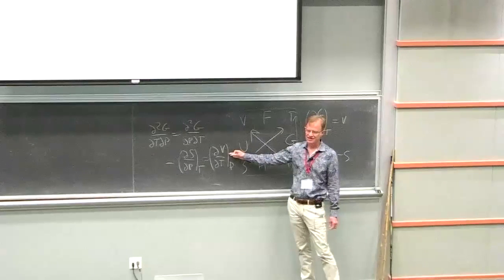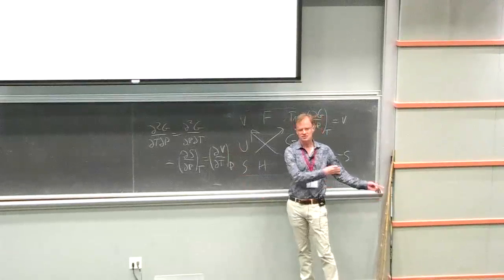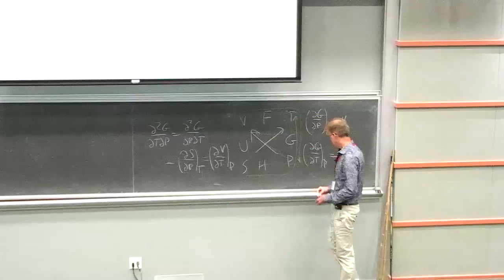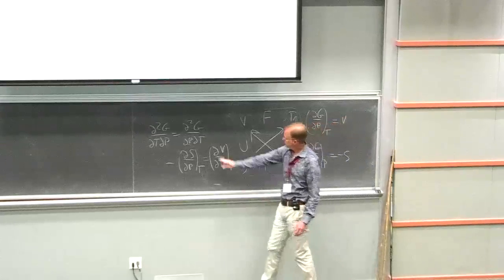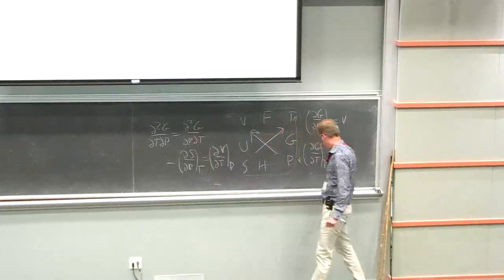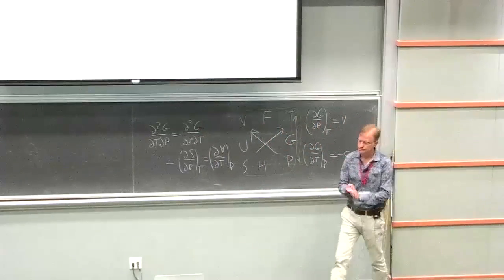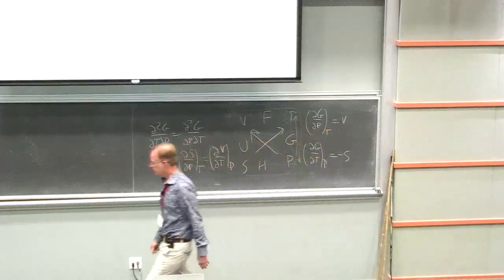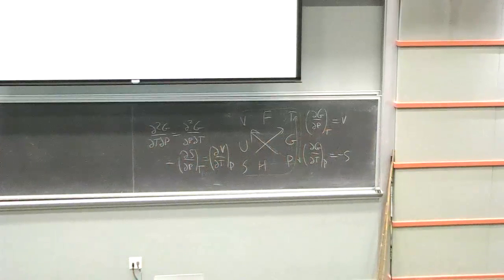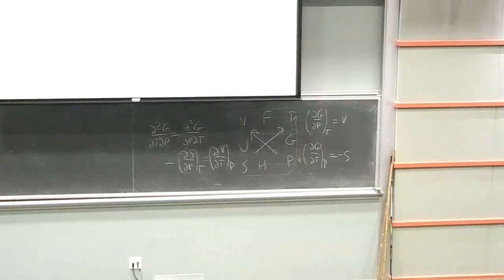All right, the thermal expansivity turns out to be related to how the entropy depends on pressure. Wild, but it's just this. It's literally just this. Okay, let's go back. Okay, good.